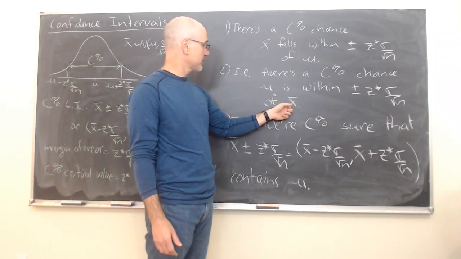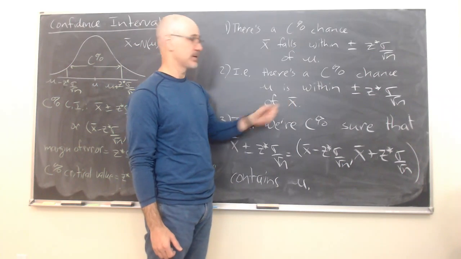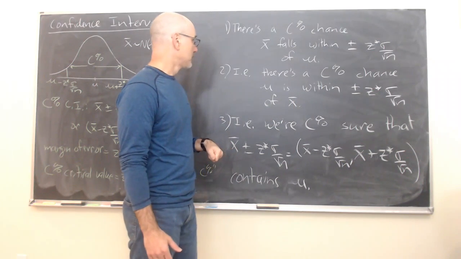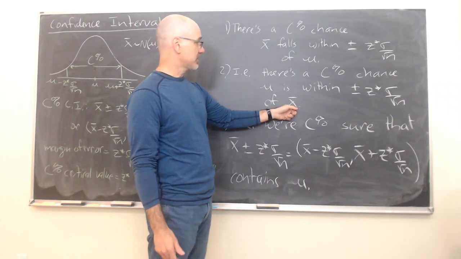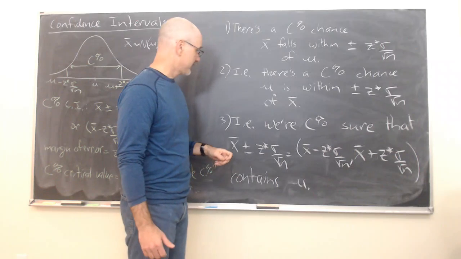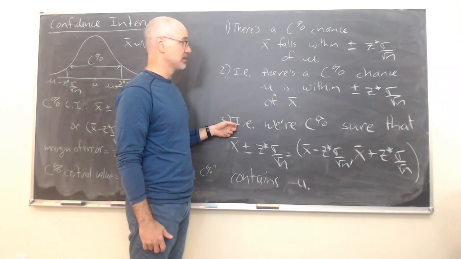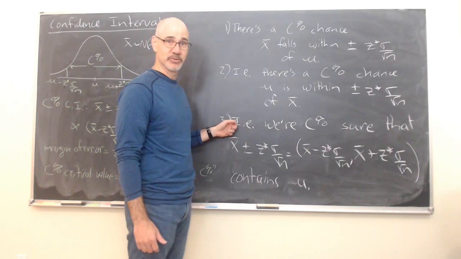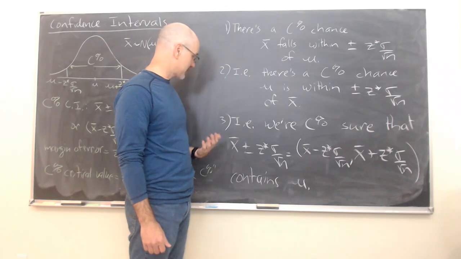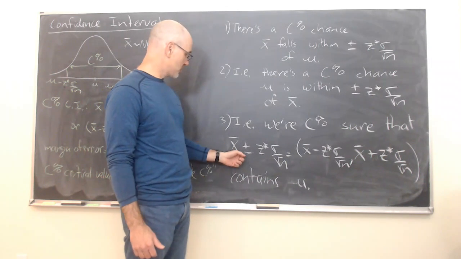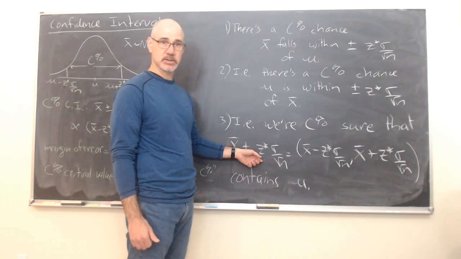And it's kind of an important step because x bar is what we know. Okay, that's the thing we actually calculate from the data. Well, if there's a C% chance that mu is within Z star sigma over root n of x bar, that means we're C% certain that mu is within Z star sigma over root n of x bar, which means we're C% certain that mu is in the interval x bar plus or minus that distance.